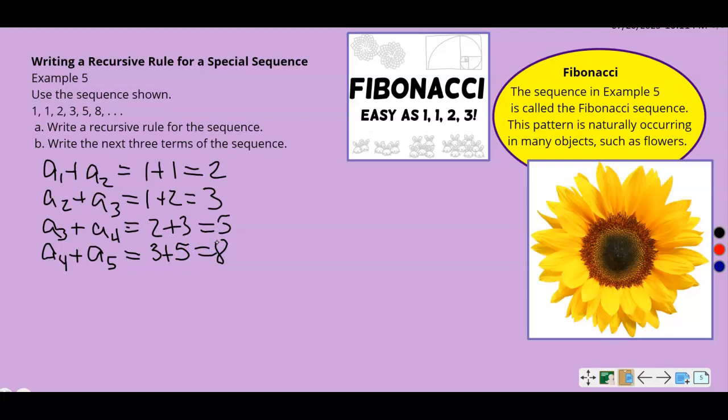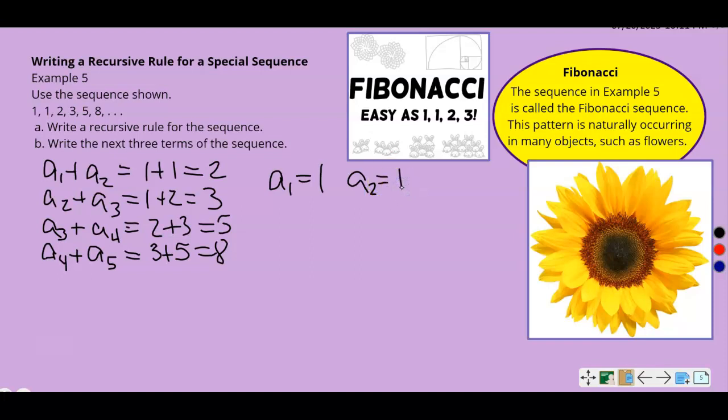So if we want to write a rule for that, how would we do that? We have to know our first term. We also, in this case, need to know our second term, because our first and second term are repeated. So our first term is 1. Our second term is also 1.